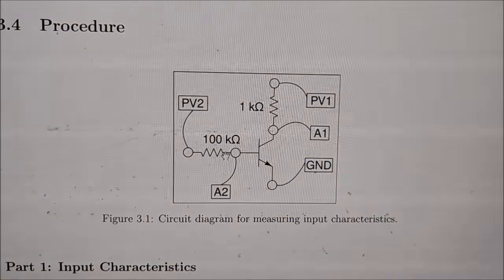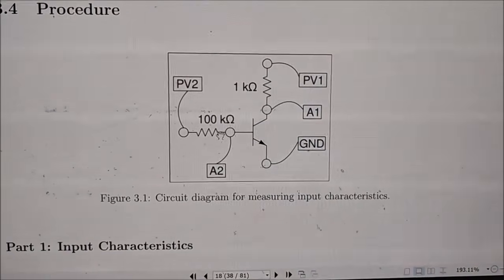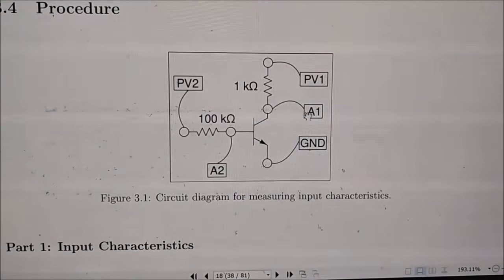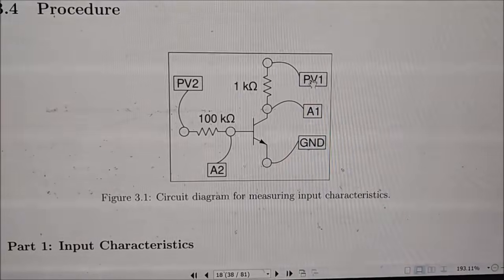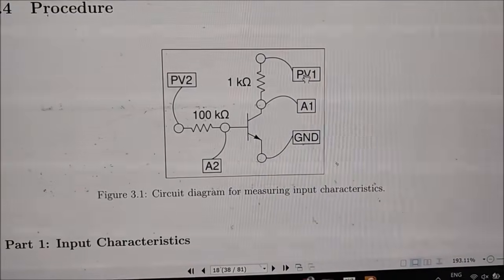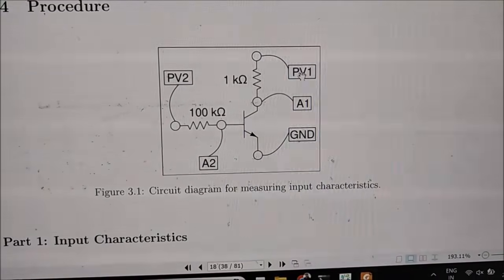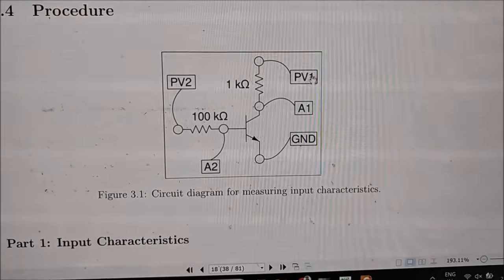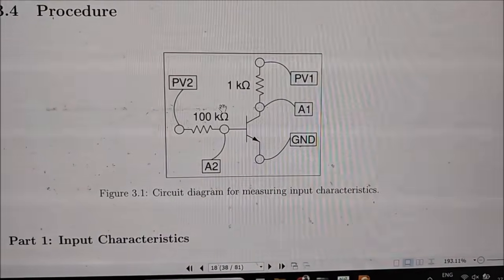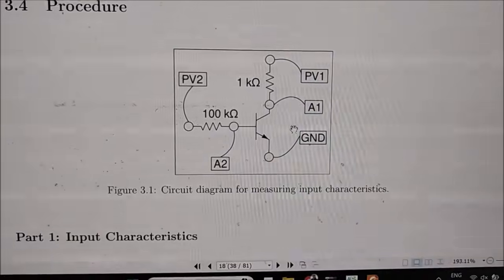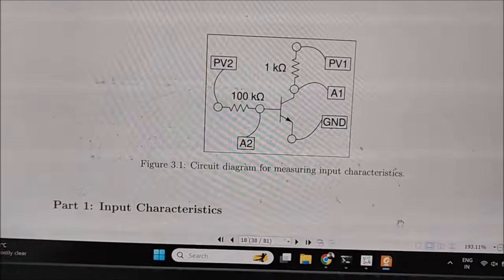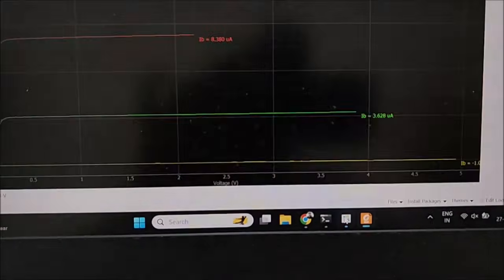To do this, we will keep this output voltage constant. Let's say we set it constant at some voltage, 1 volt or 2 volt, or we can keep multiple volts. First we will fix it at 2 volt, then we will vary this PV2. Now come back here.